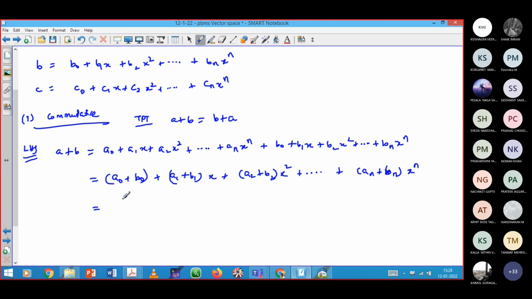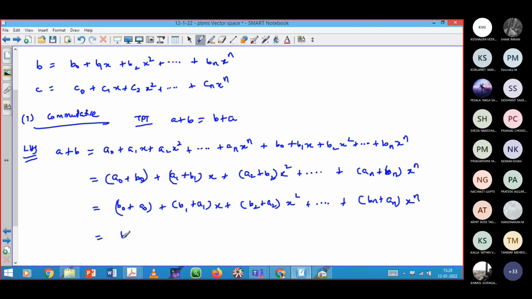Further, it can be split as (b0 plus a0), then (b1 plus a1) into x, (b2 plus a2) into x squared, up to (bn plus an) into x to the power n.